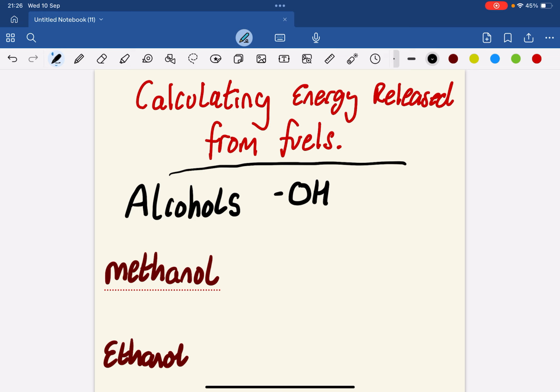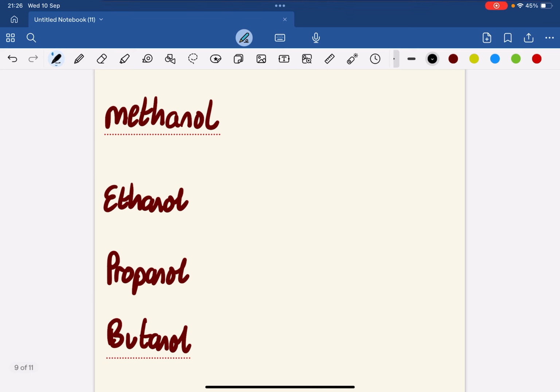And we should know that for every carbon, so for n number of carbon, we have double the number of hydrogens plus 1, and then we have the OH functional group on there as well. So that's a little bit of revision. We've got methanol, ethanol, propanol, butanol. I think you just pause this video for a second and just write down those formulas and what they might look like.